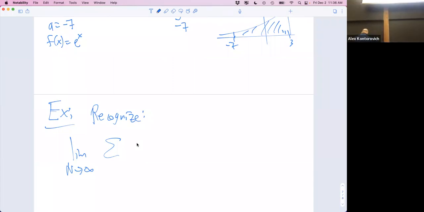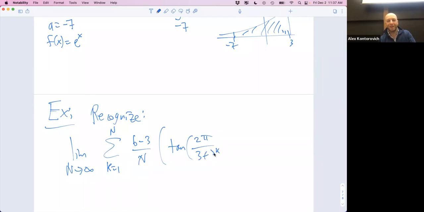As k goes from 1 to n, I'm so predictable with my numbers: 6 minus 3 over n times tan of 2 pi over 3 plus 3k over n, plus 3 plus 3k over n to the 5th.